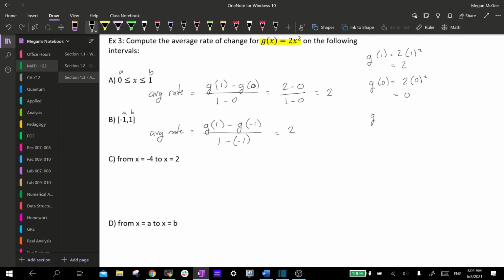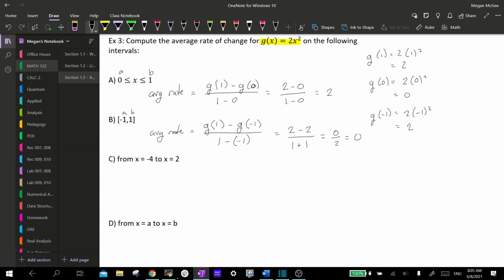So we just need g of -1. Well, that's 2 times -1 squared. All right, and -1 squared is +1. So we have +1 times 2, which is just 2. So minus 2 over 1 plus 1. Alright, so we end up with 0 over 2, which is just 0.